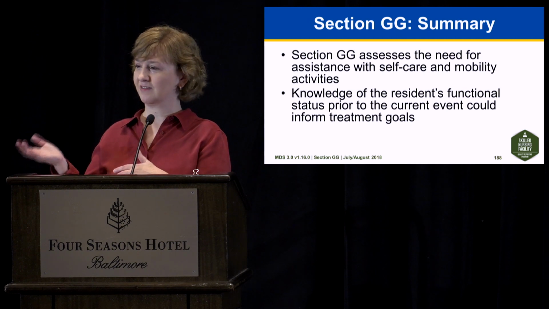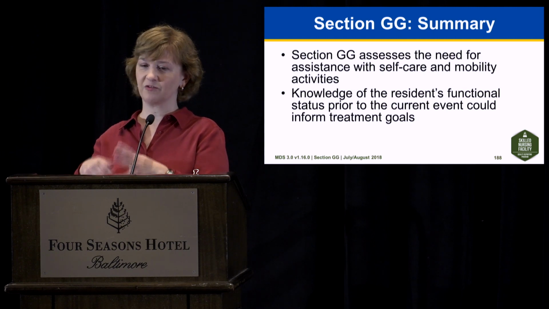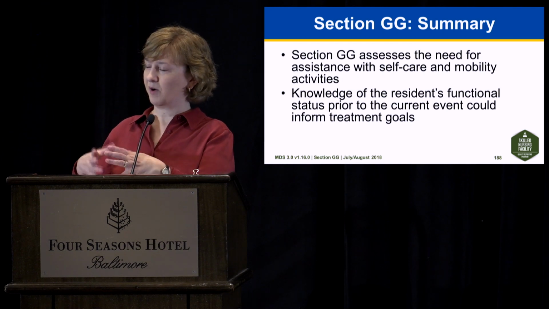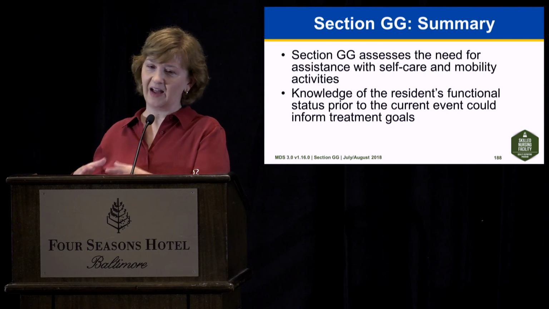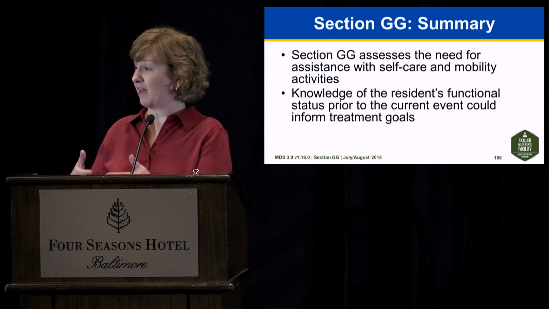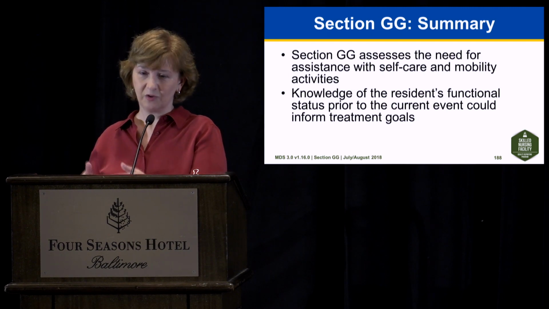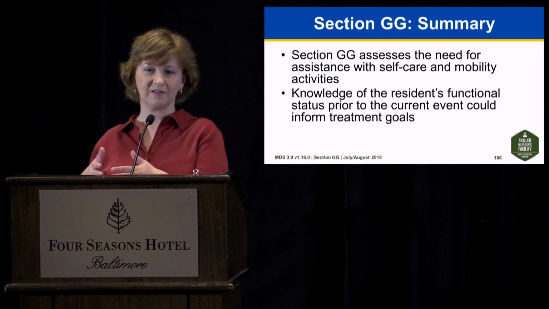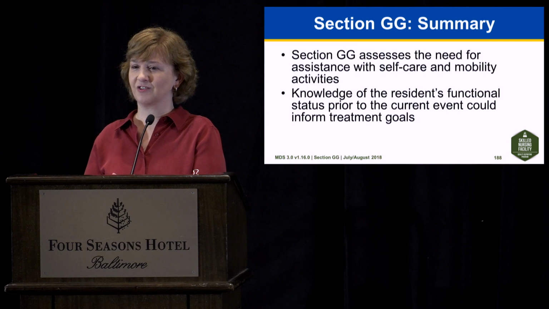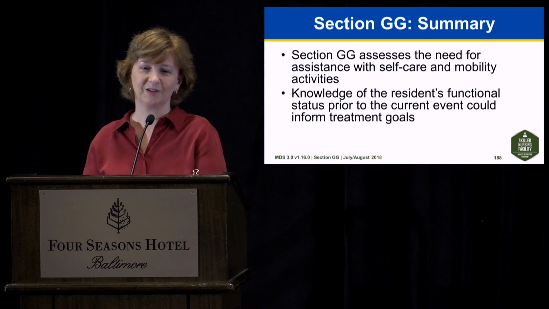So we, as part of the data set, only add items that are necessary to calculate and do the best risk adjustment as possible, and use of a cane prior to the current illness, exacerbation, injury did not actually impact the risk adjustment model, and so that's why it's not included.